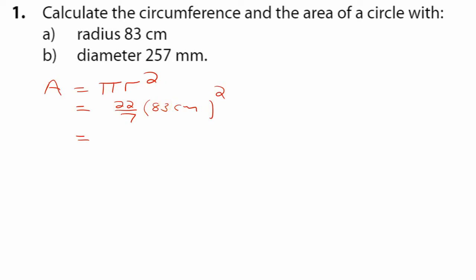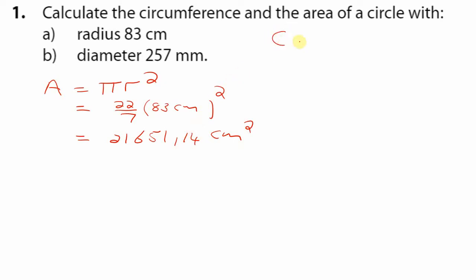So times 22 divided by 7 will give you 21,651.14 centimeter square. Remember, area is always expressed as square unit, and centimeter times centimeter is centimeter squared. This is now rounded to 2 decimal places.